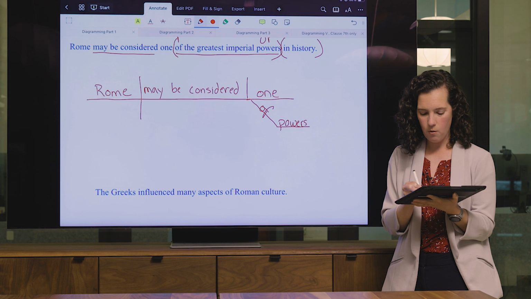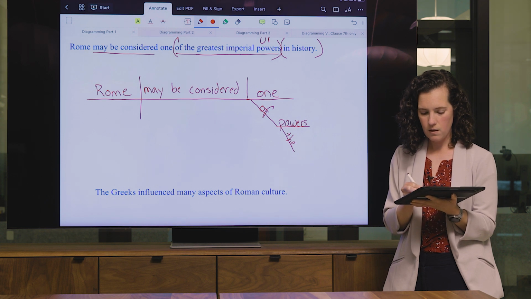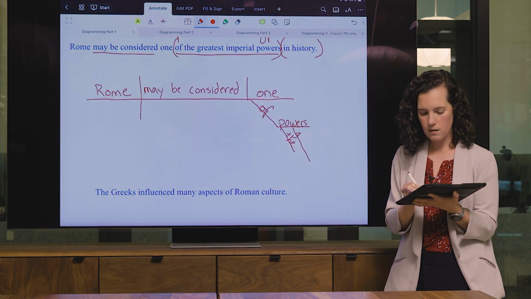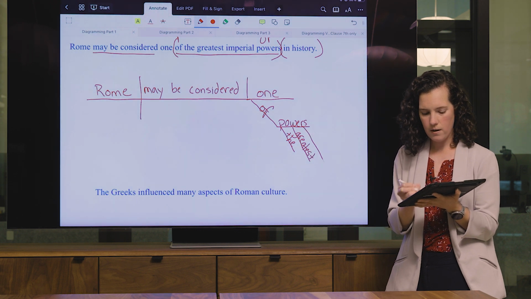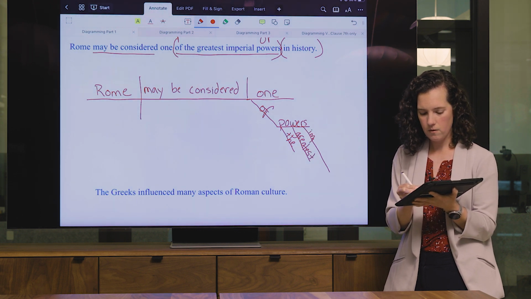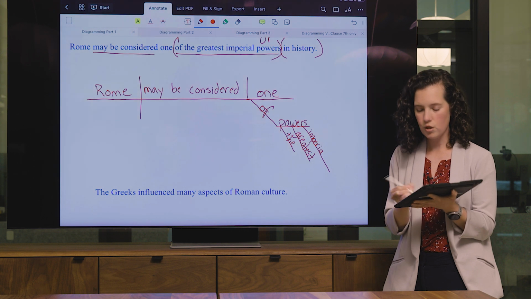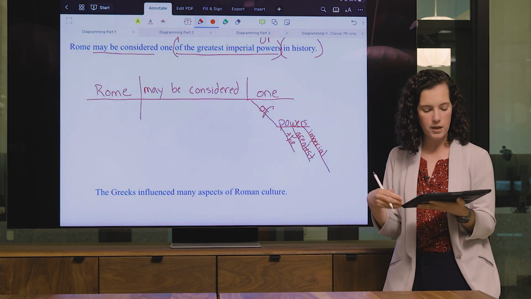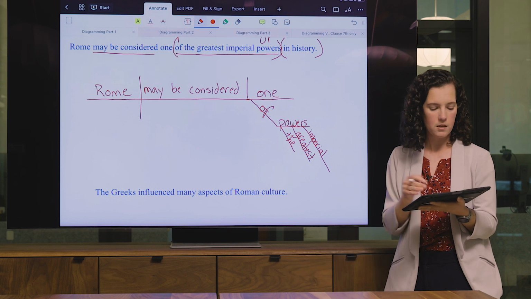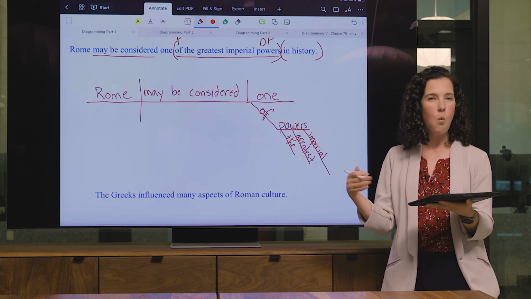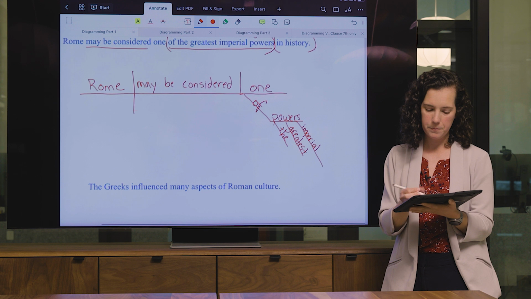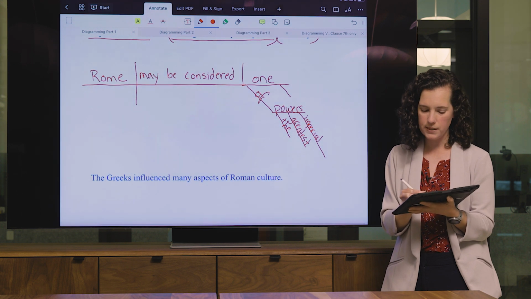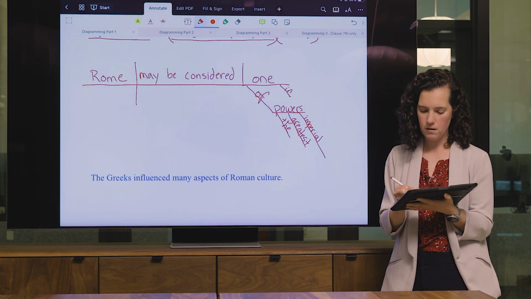They were the powers, they were greatest, and they were imperial. Each of those describes the word powers. And then in history is also telling us about one in history. So we add another prepositional phrase here, in, and then history.